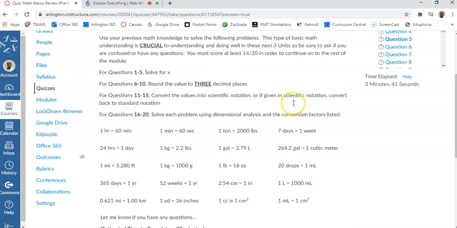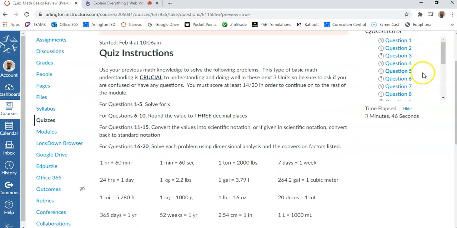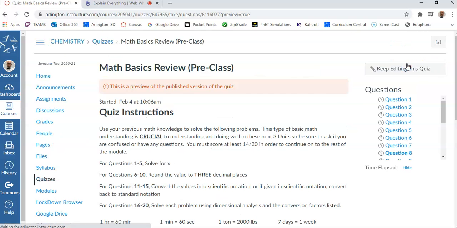Now, the second section is talking about rounding. Well, rounding, we should have been exposed to for even longer than algebra.